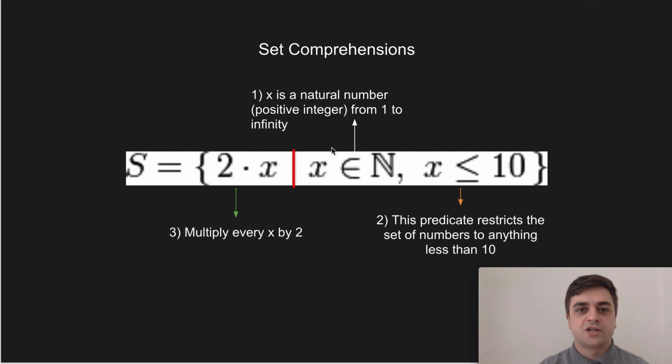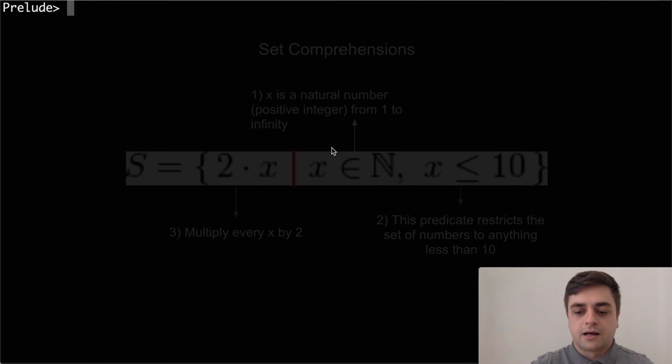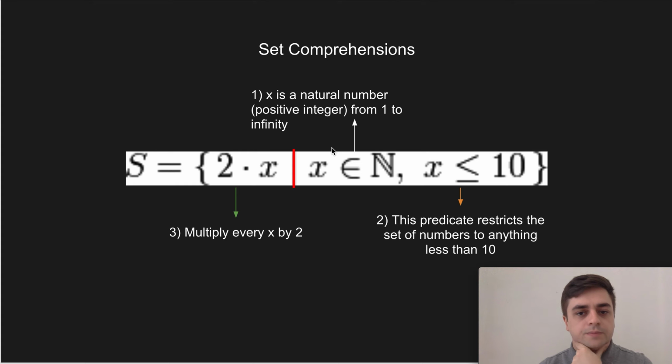Okay, so imagine creating basically a range, an infinite range, starting from 1 and going upwards, right? It's essentially what it's saying. Then the next important thing is this bit over here, this predicate.